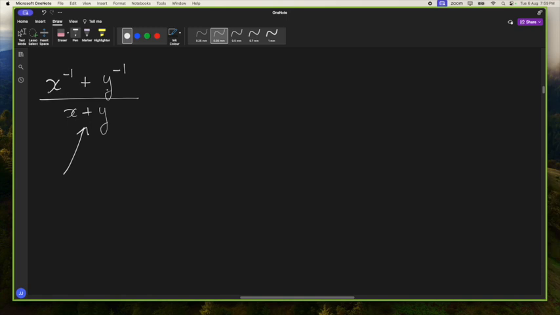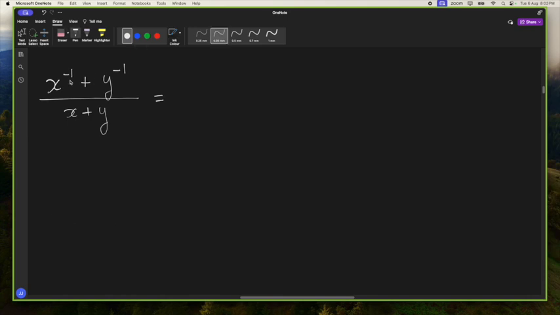So let me work on the numerator. What happens when you have a negative index? What does that do? Where's the rule? X to the power of negative 1 is equal to what? Know your rules. When you have the negative index, what does that do?